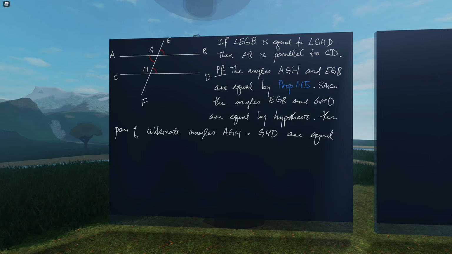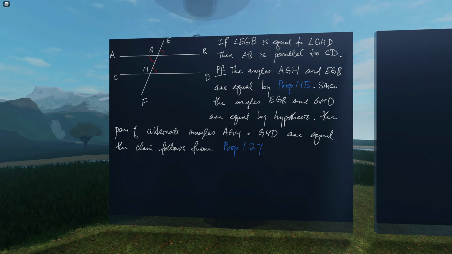So we have the claim follows from the previous proposition. Okay, so basically you've got these corresponding angles being equal. You can just make this opposite angle equal, and you observe that the alternate angles are now equal, so the lines are parallel. And so I'll go to the next board to finish it off.